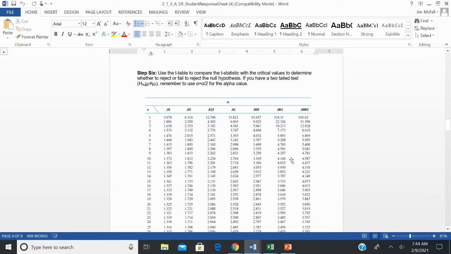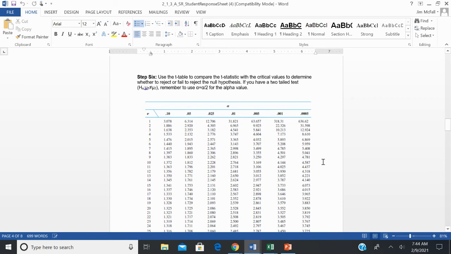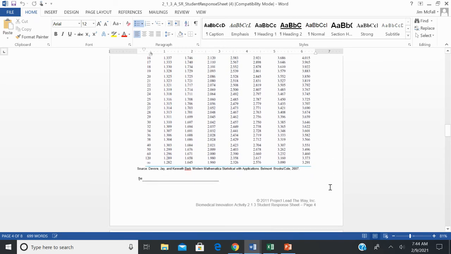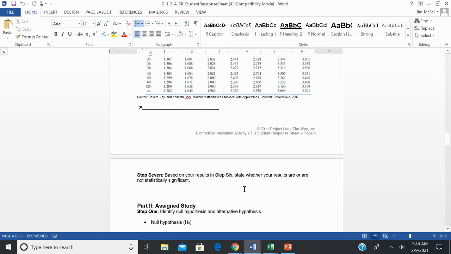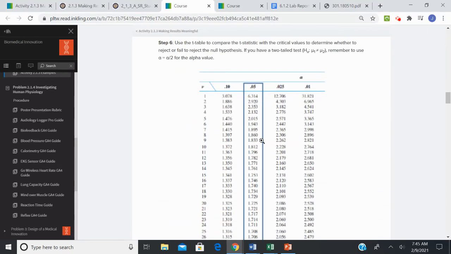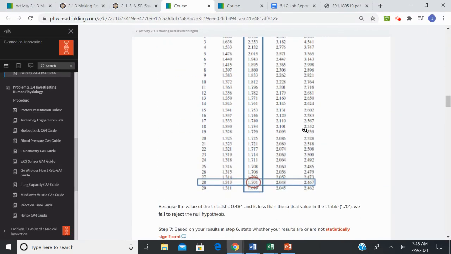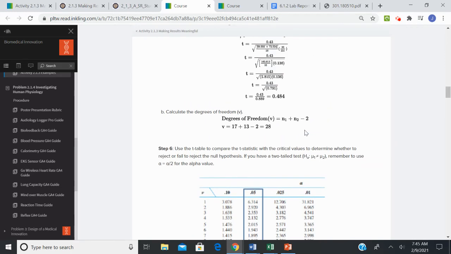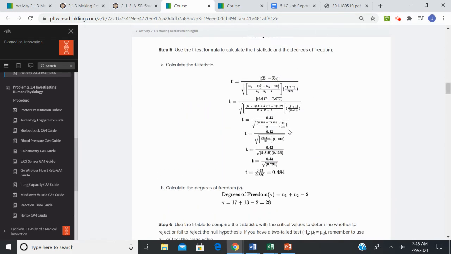Then step 6, use the t-table and t-statistic to get the critical values to determine whether you reject or fail to reject the null hypothesis. From there, basically state whether they are significant or not. If you look at this example, you do the calculation, and the degrees of freedom ends up being 28.